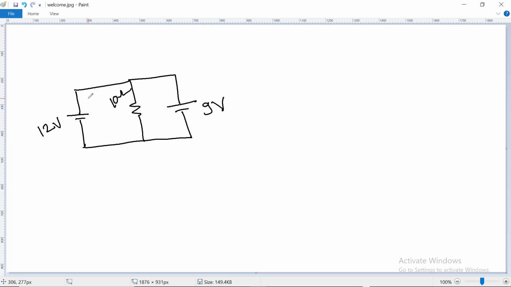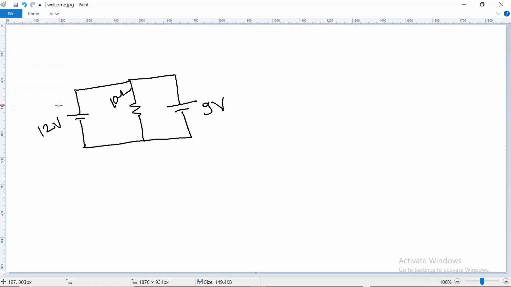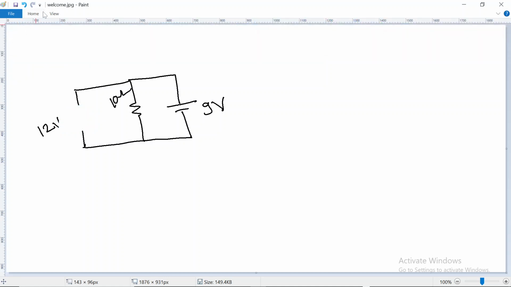At first glance, this example seems very simple, and for simulation it is a general tendency to replace these batteries with a simple DC source from Simulink.